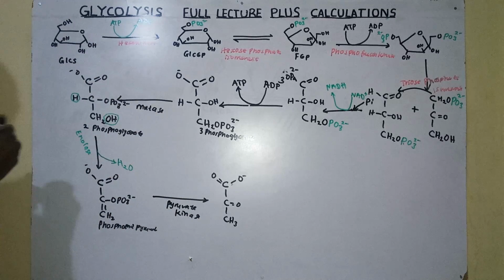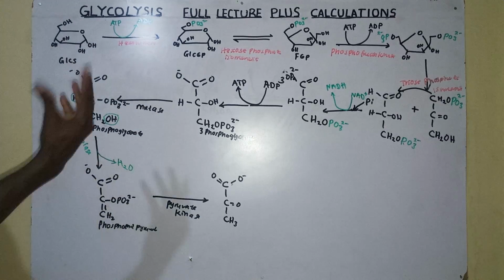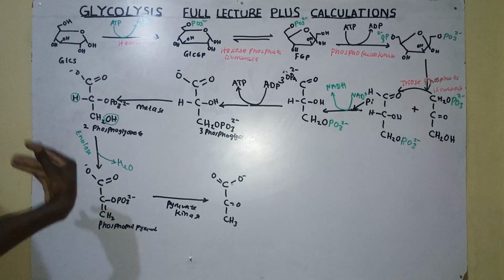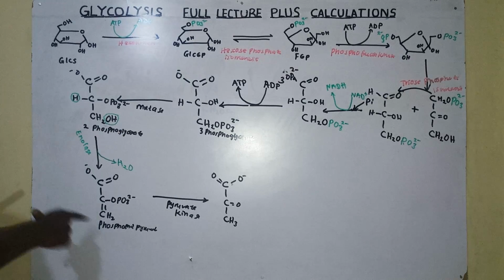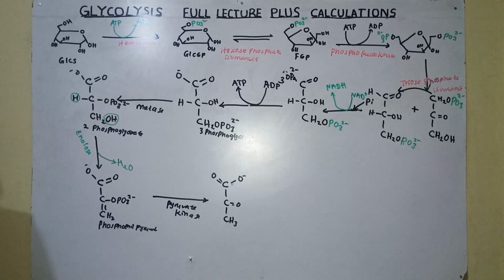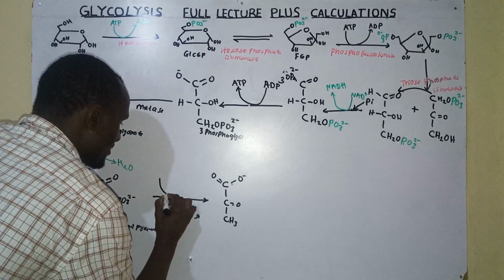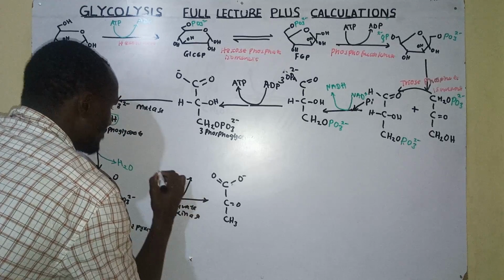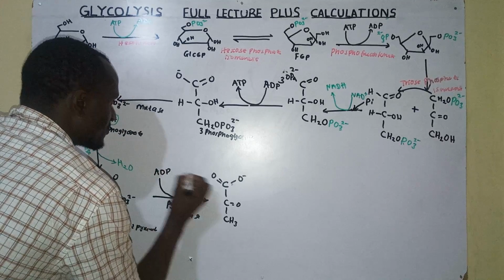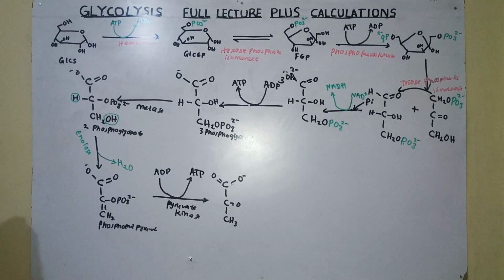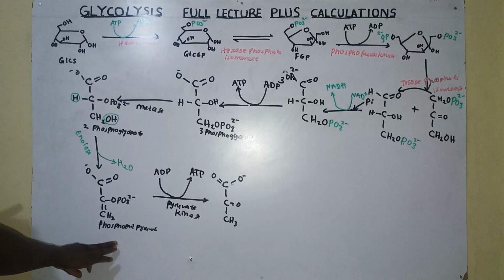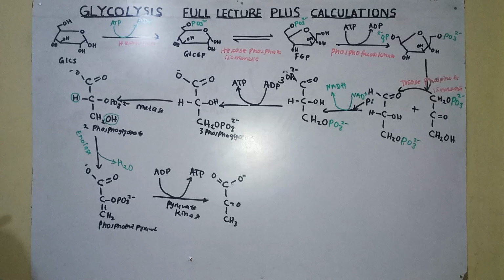So the role of a kinase enzyme, we've said, is the transfer of a phosphate group from one molecule onto another. So in this case, a kinase enzyme transfers a phosphate group from phosphoenol pyruvate onto ADP to form ATP.